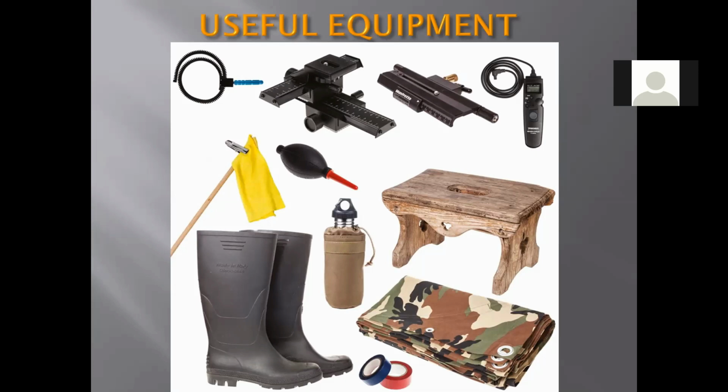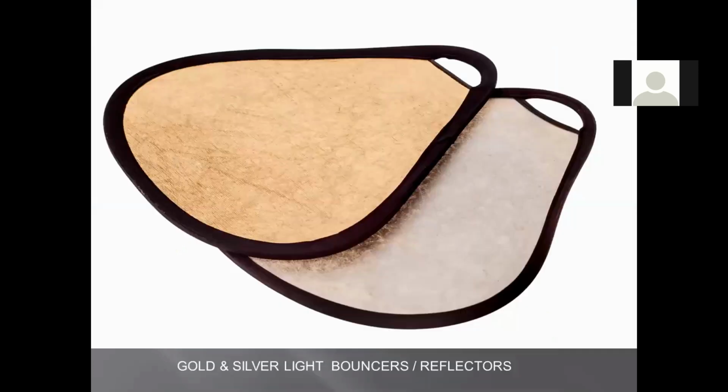A small chair is very useful because you want to be comfortable when working from below, and a tent or something to store your photo bags and to protect them from water. Also a dust blower, electronic rails, markers, and little light reflectors are very useful because I quite a lot shoot in the backlight.